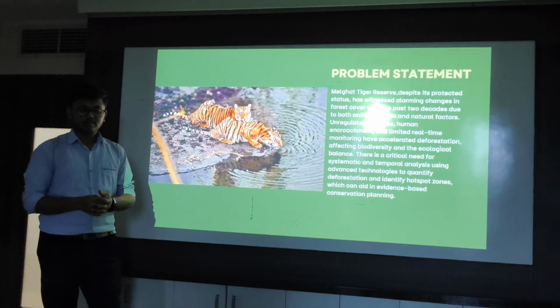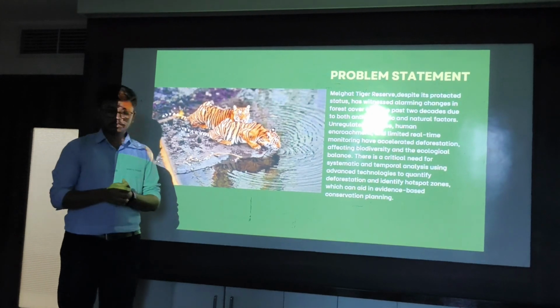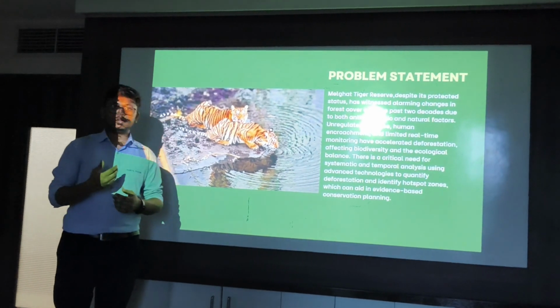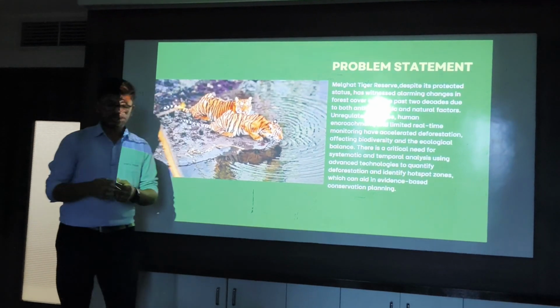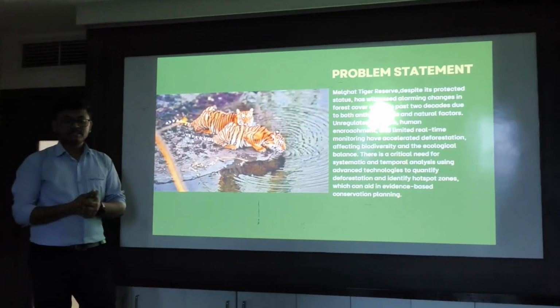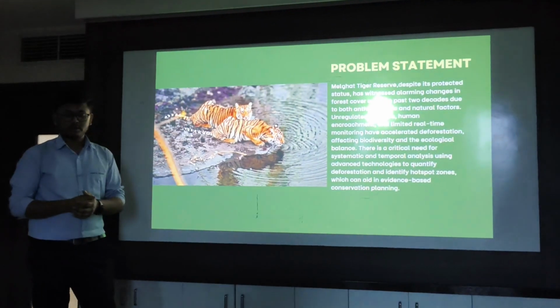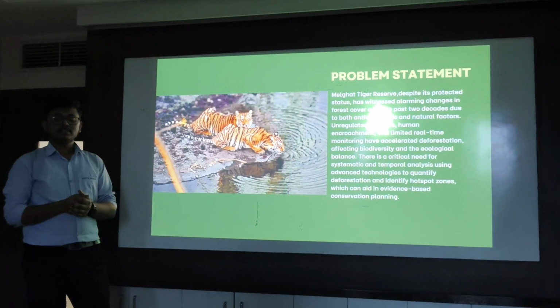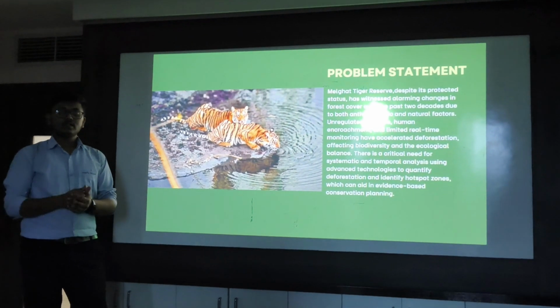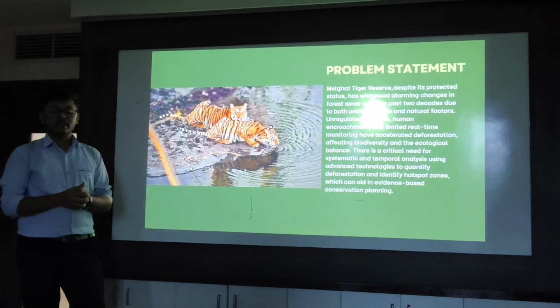These are some of the main reasons that have impacted the forest. Despite its protected status, Melghat Tiger Reserve has experienced significant forest loss, with unregulated land use and human encroachment.